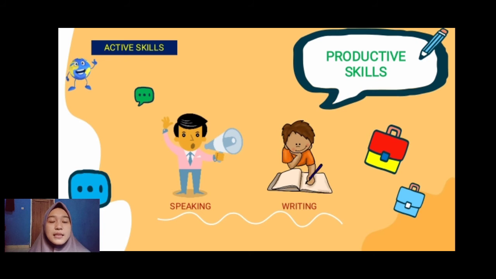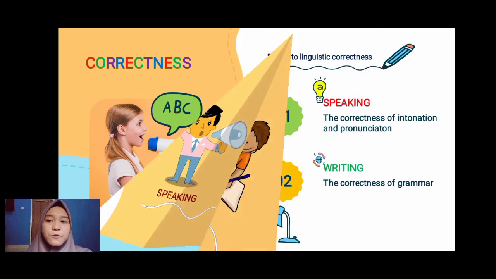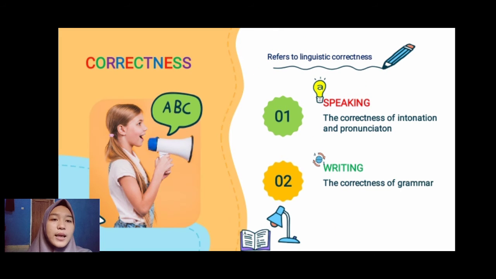Or we can say passive skills, because we can see receptive means that we just receive what we read and what we listen to. But with active skills, speaking and writing, we are doing something. Okay, correctness and appropriacy. These criteria are used to test the productive skills. For more detail, let's go to the example.